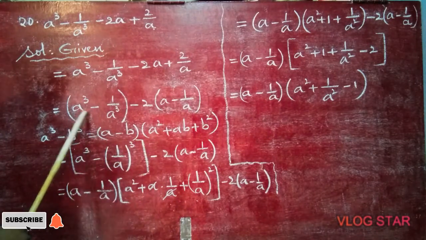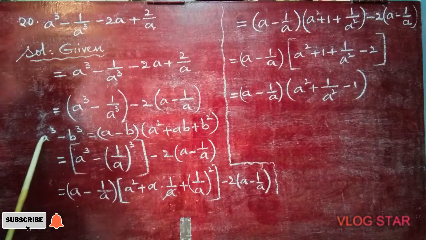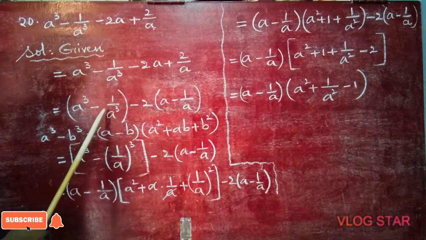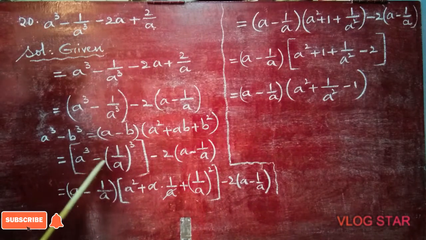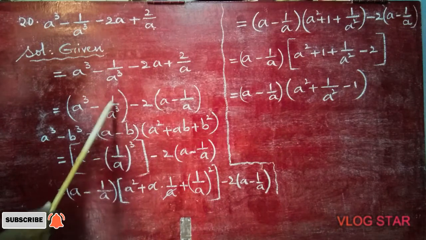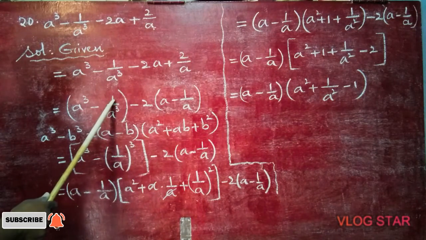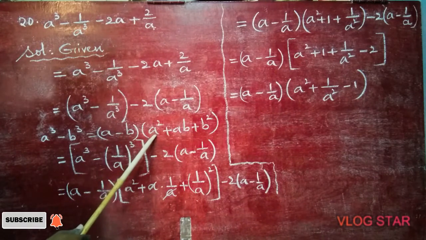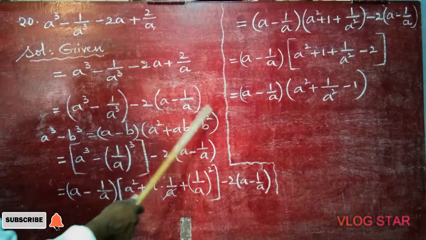Now a cube minus 1 by a cube I can write as a cube minus b cube formula. If I write 1 by a cube, sir, it is not there, no, sir. So here 1 by a whole cube. Both meaning same only. You have to be careful because 1 cube means 1 only. So a minus b into a square plus ab plus b square.